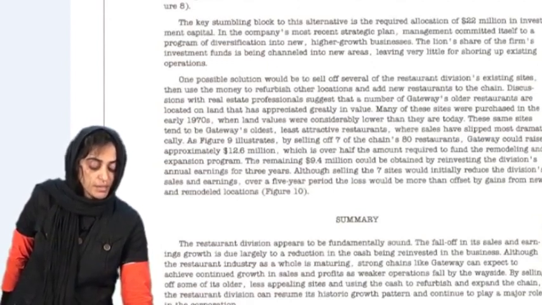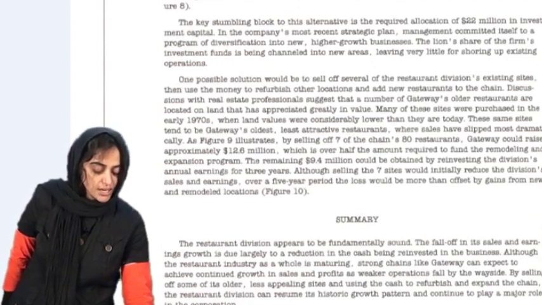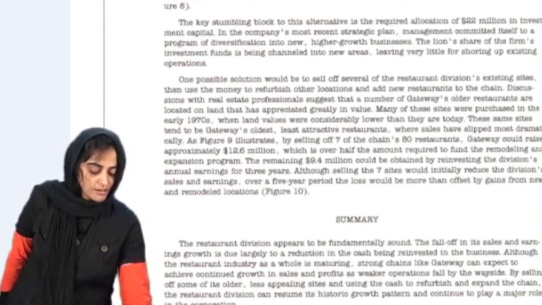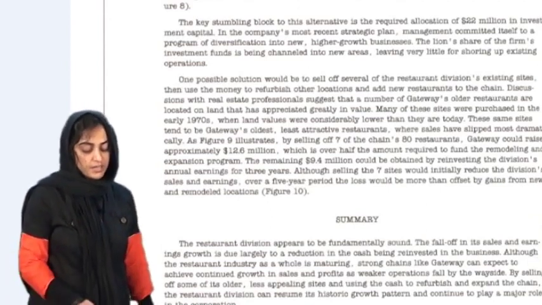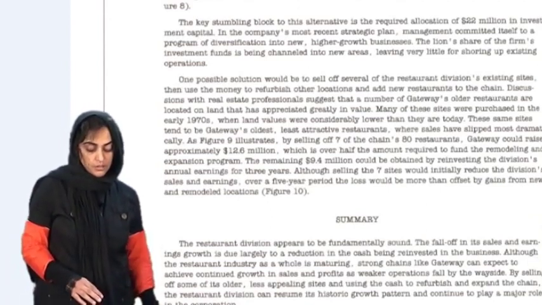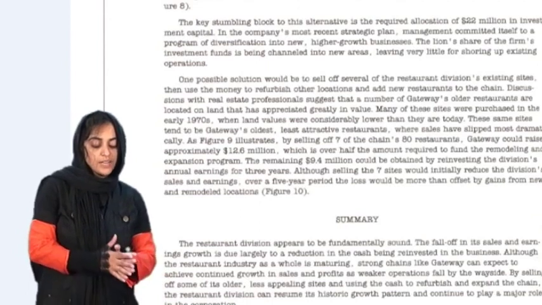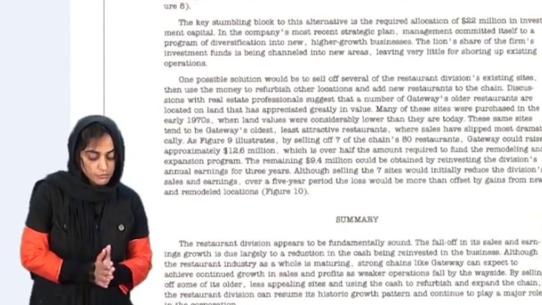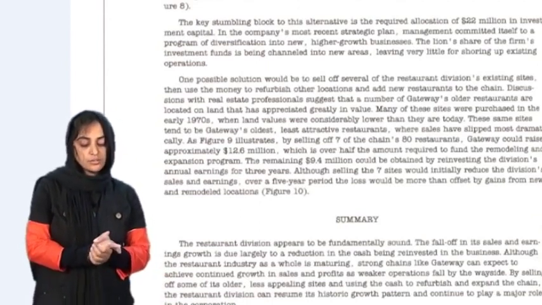The remaining $9.5 million could be obtained by reinvesting the division's annual earnings for 3 years. Although selling the 7 sites would initially reduce the division's sales and earnings over a 5-year period, the loss would be more than offset by gains from new and remodeled locations.